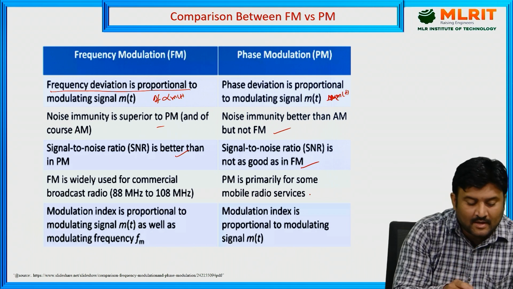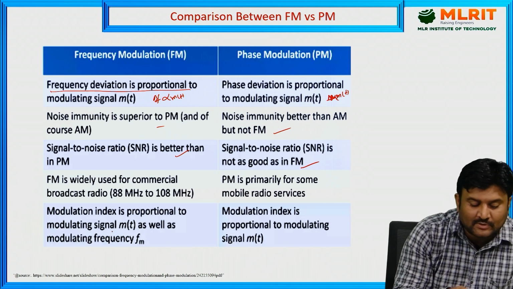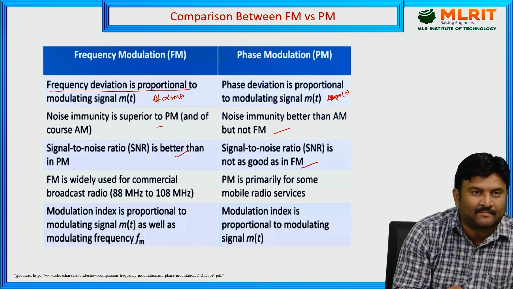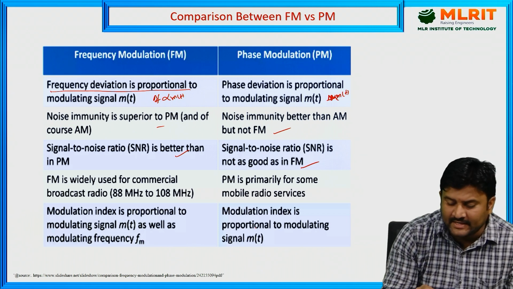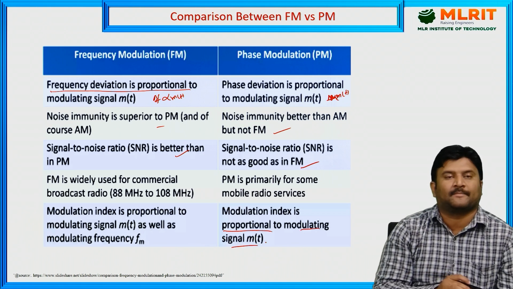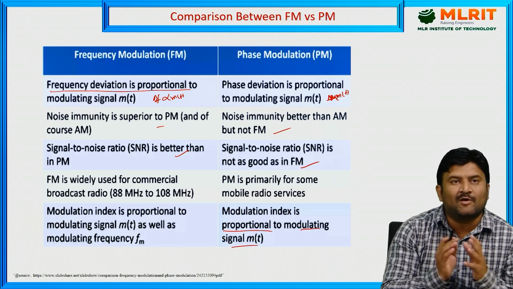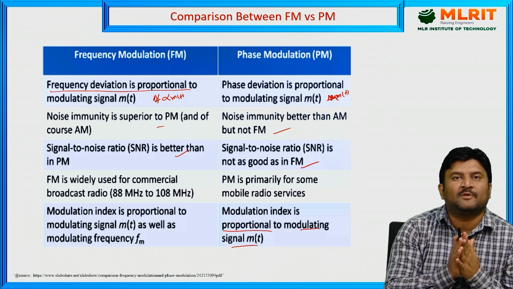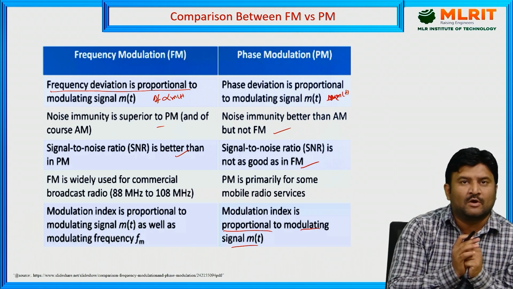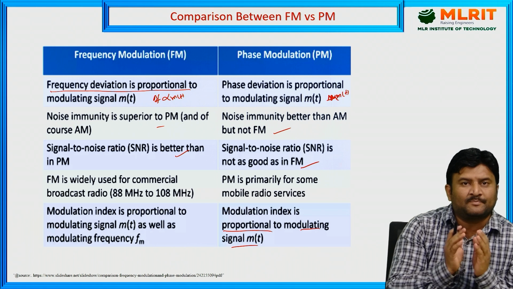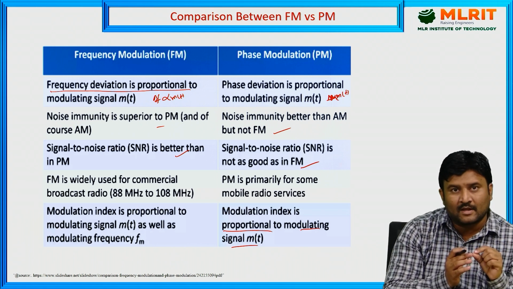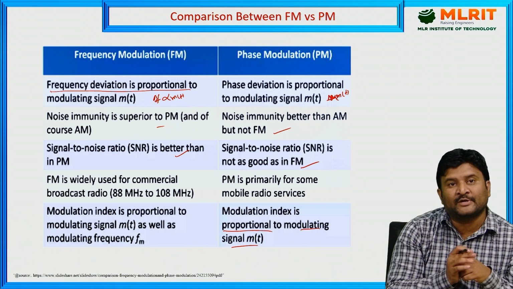And the last one, modulation index in FM is proportional to the modulating signal as well as the modulating frequency, and in PM, modulation index is proportional to the modulating signal m of t. These are small differences between frequency modulation and phase modulation. One point is clear: FM is used for radio applications and PM is used from the mobile communications point of view.